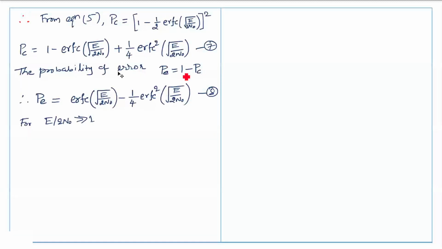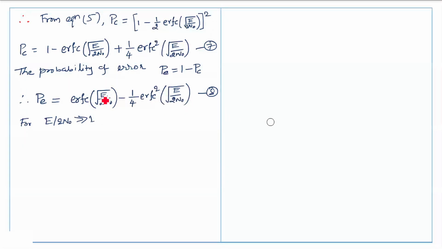So 1 minus this whole thing is the probability of error. Therefore we can write the probability of error is nothing but ERFC of square root of e by 2 n naught minus 1 by 4 ERFC square of square root of e by 2 n naught.